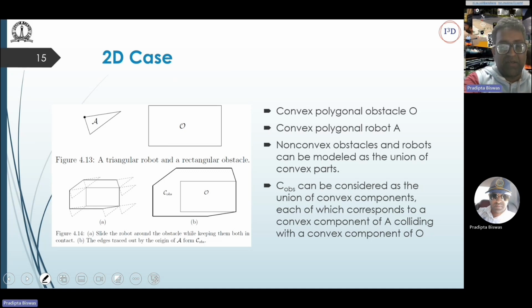And as you can see, we are sliding the robot across the edge of the obstacle, just as we discussed in the dilation and erosion operation a few slides ago. And we are trying to find these lines, which define the obstacle space. So we will derive the definitions, or the equations, of these half planes in the subsequent slides.